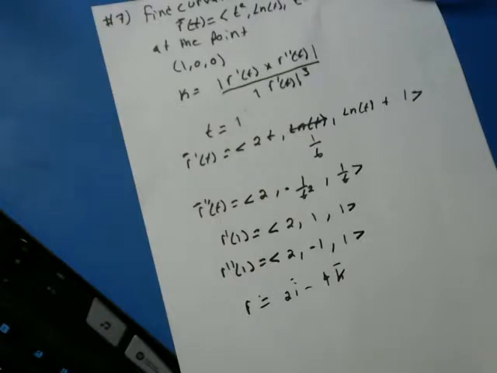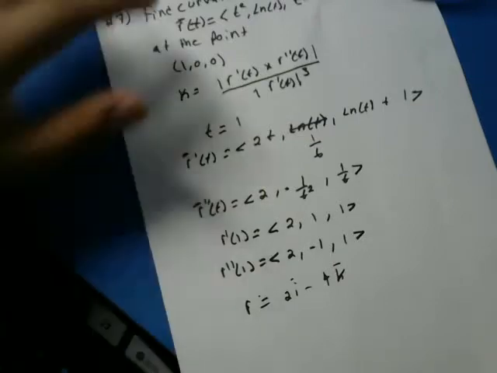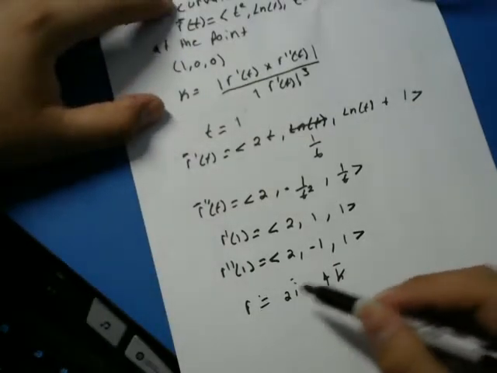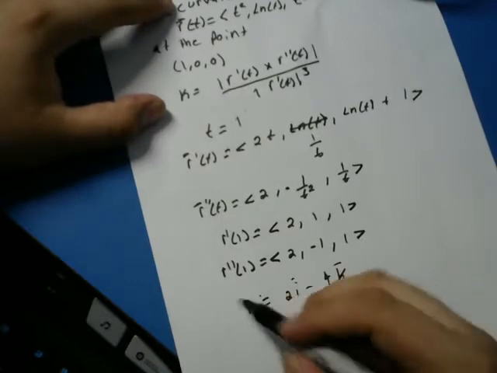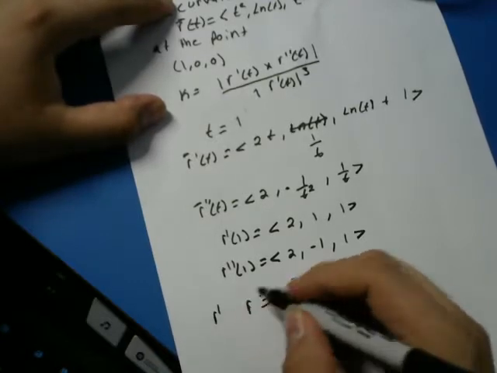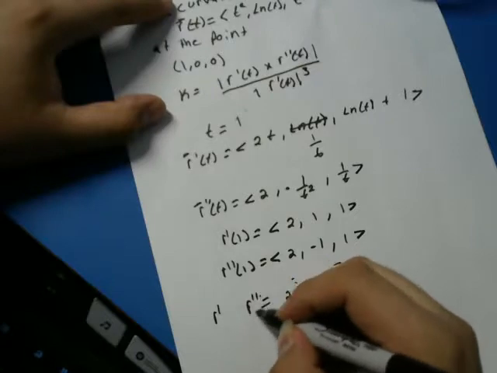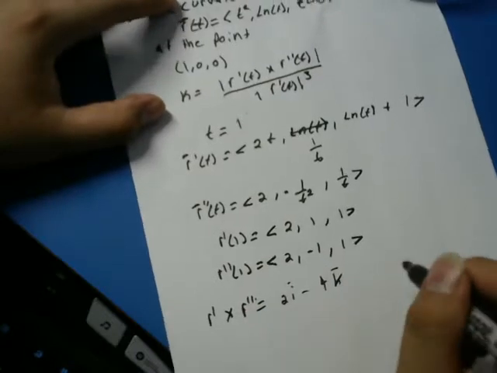If you want to take the cross product, you can go ahead and do it yourself. You're going to get the same result when you take the cross product of r prime and r double prime of 1.